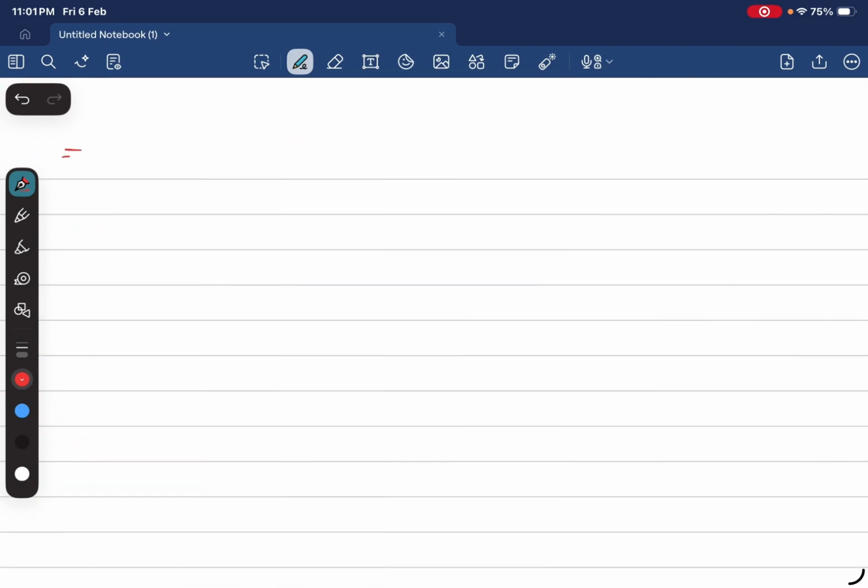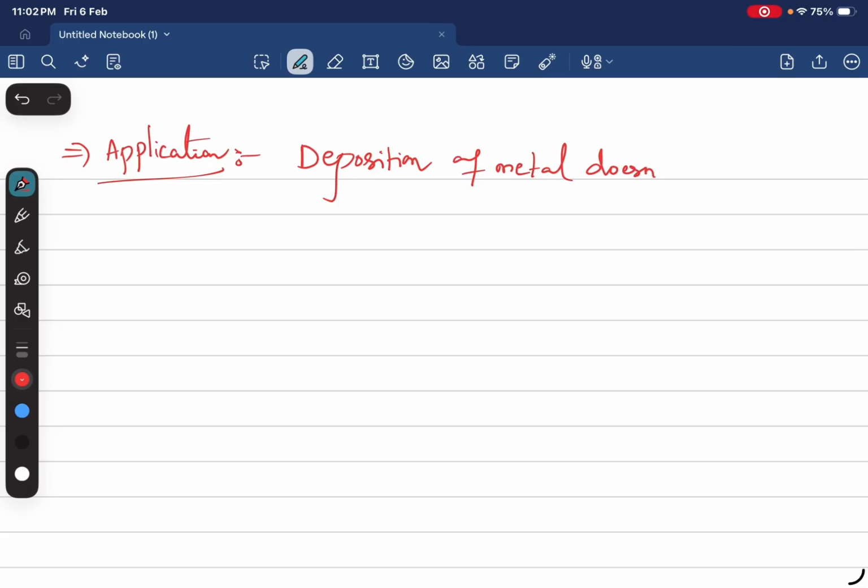There is one more very important application for this. The deposition of metal doesn't depend on the number of moles of metal.